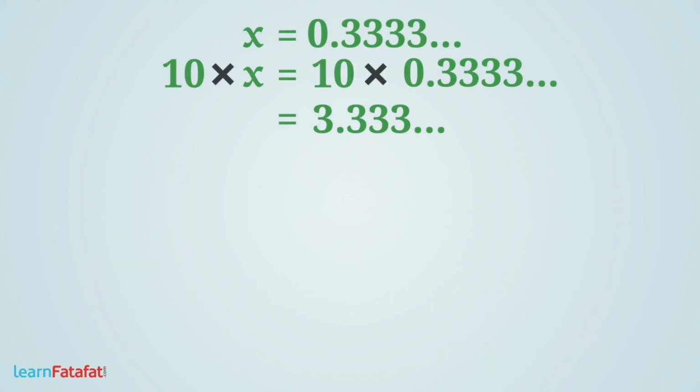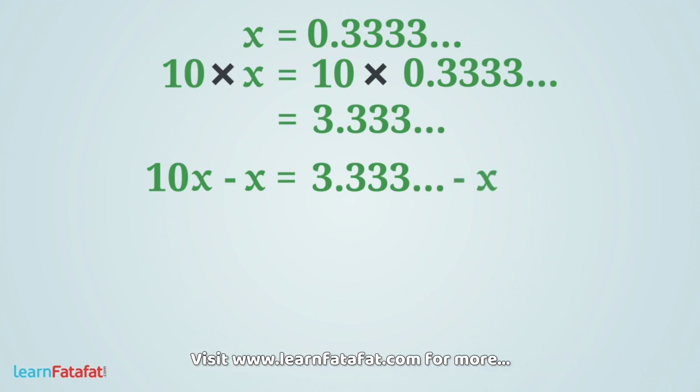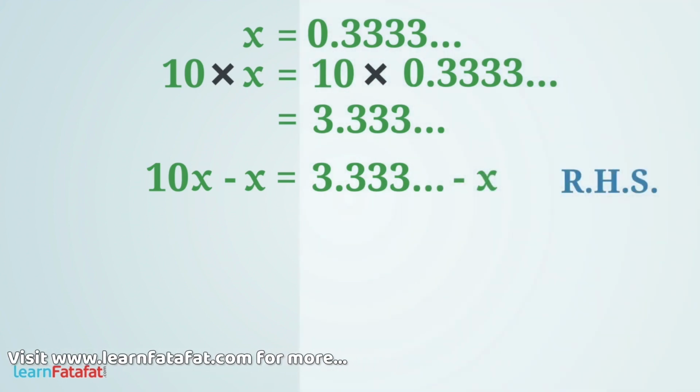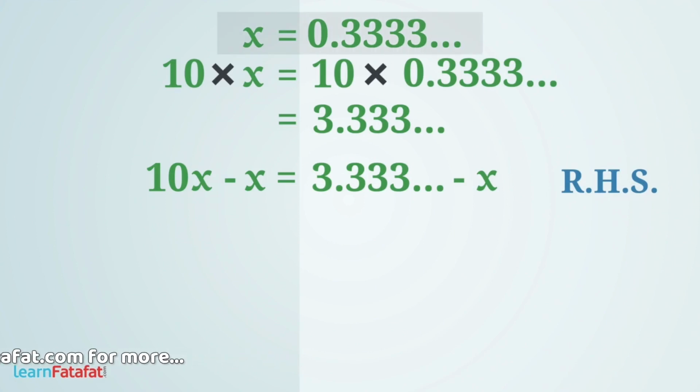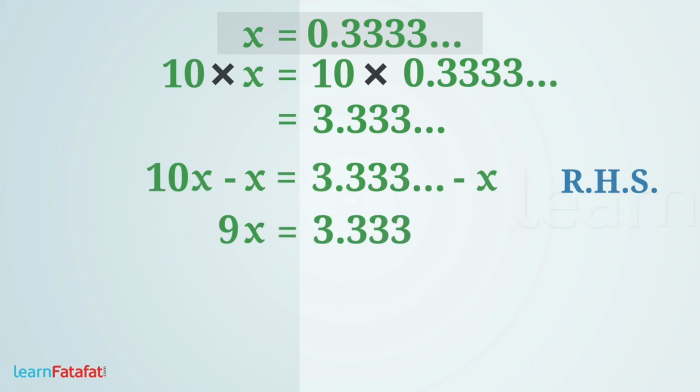Let's subtract x from both sides. 10x minus x is equal to 3.3333 and so on minus x. In the right-hand side, let's put the value of x. So 10x minus x is 9x, and 3.3333 and so on minus 0.3333 and so on is 3, which gives 9x equals 3.